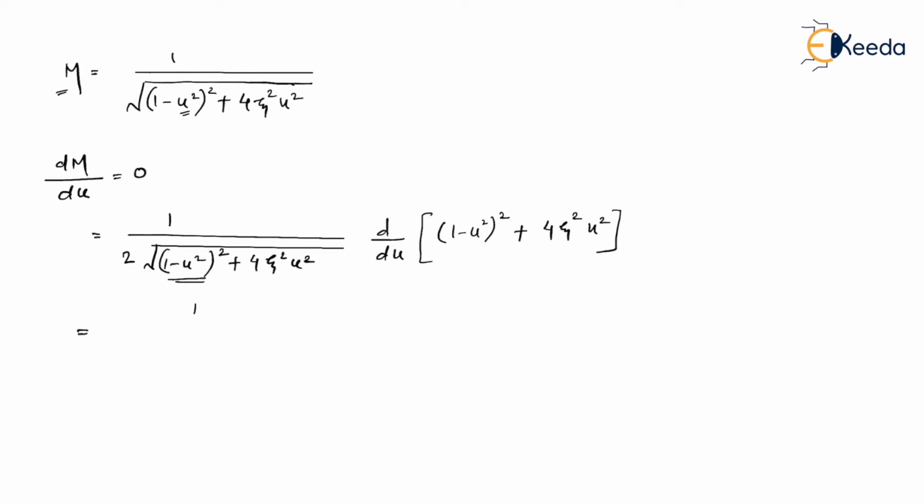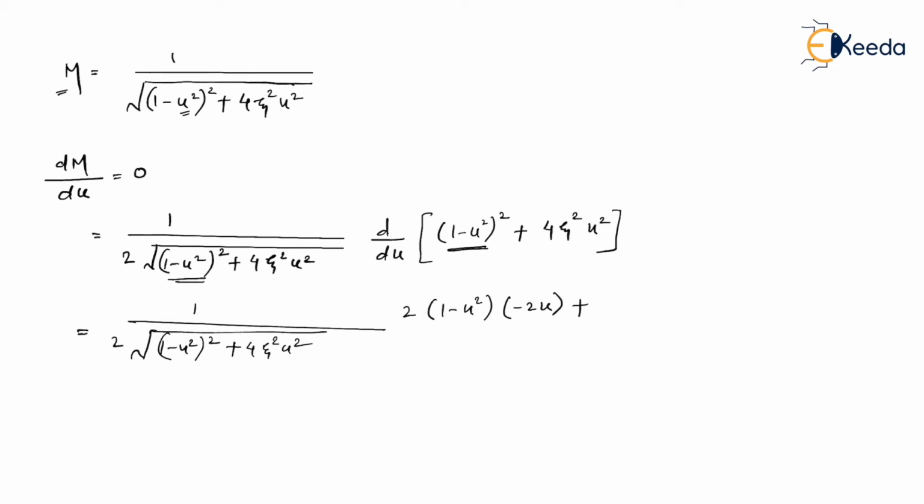The first term remains as it is, just twice of (1 minus u square) the whole square plus 4 zeta square u square. Now let us take the derivative of the remaining term. If you take the derivative with respect to u, it will be twice of (1 minus u square). Again taking the derivative of minus u square, which comes out to be minus 2u, plus now taking the derivative of the other term with respect to u, 4 zeta square is independent of u, so it is just multiplied by 2u in that case. I hope you understood that.